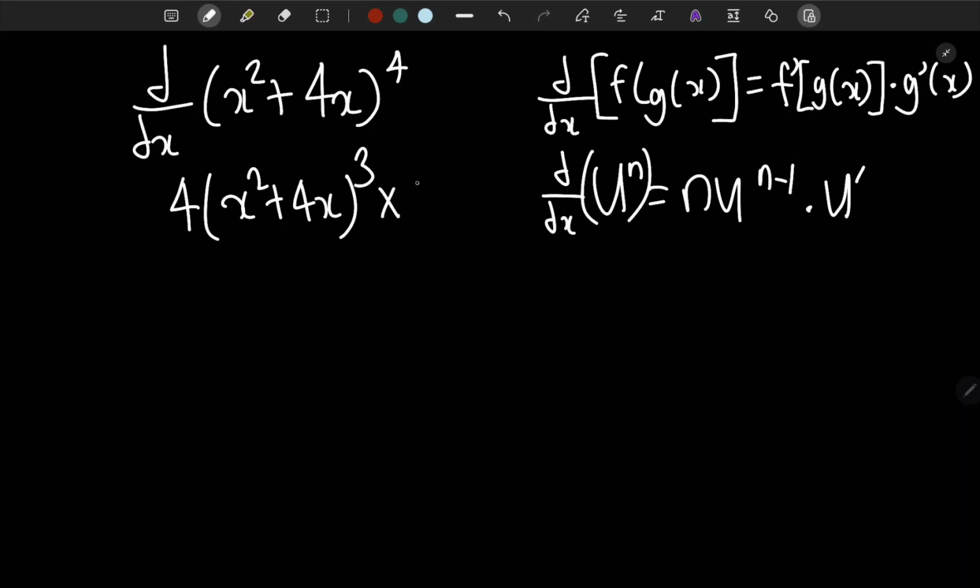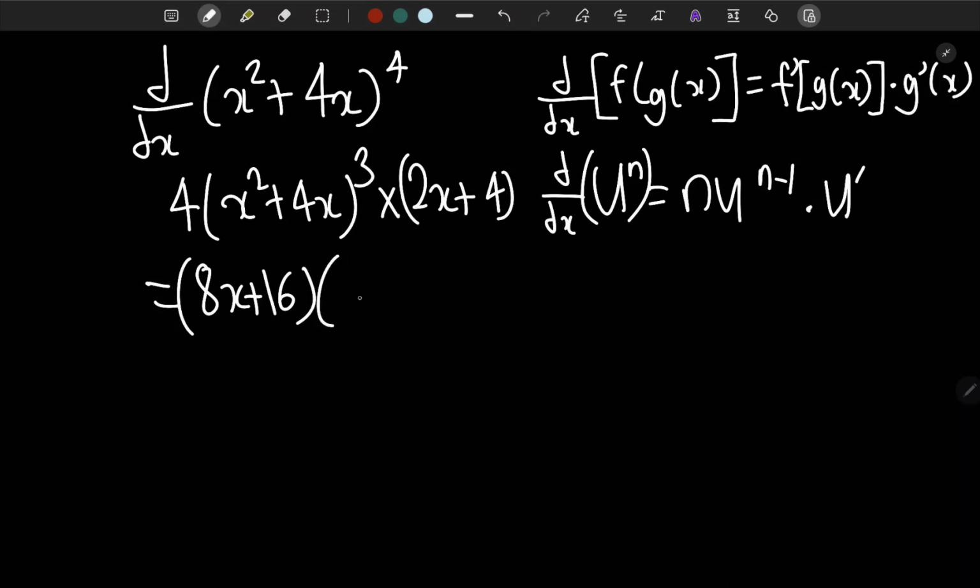So derivative of u is 2x plus 4, and that's going to be in brackets. And let's simplify this now. So it's going to be (8x plus 16) times (x squared plus 4x) to the power of 3.